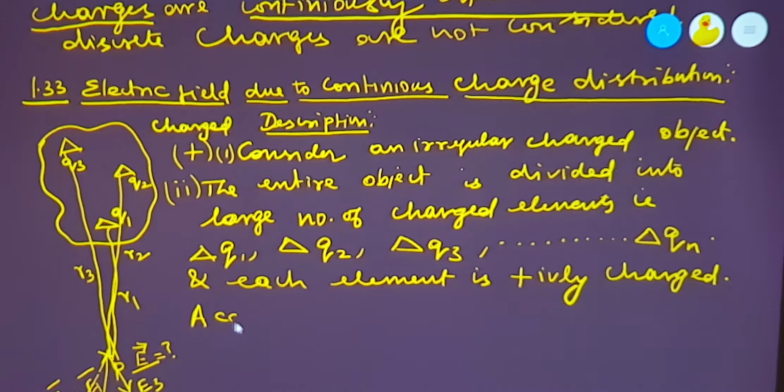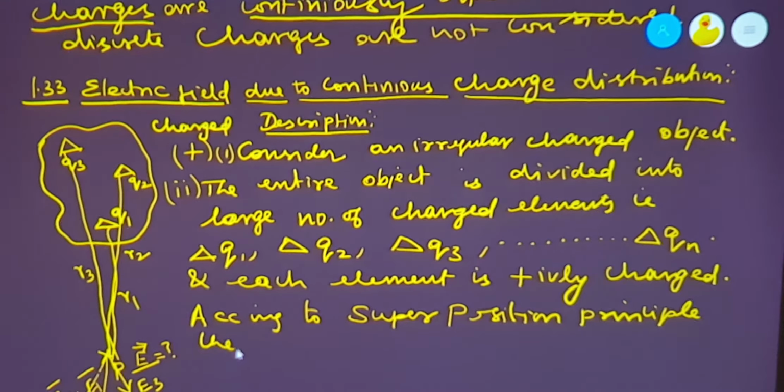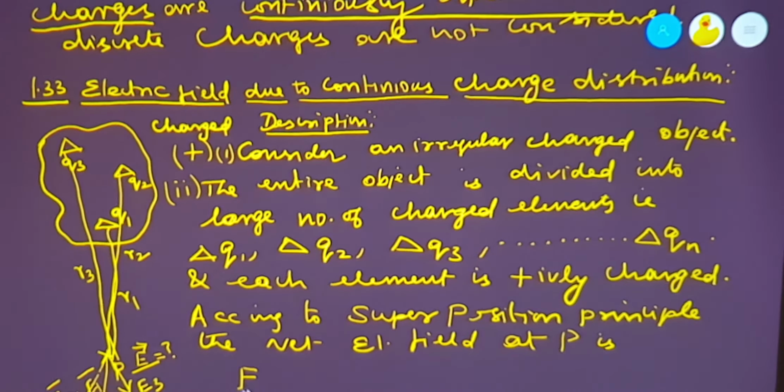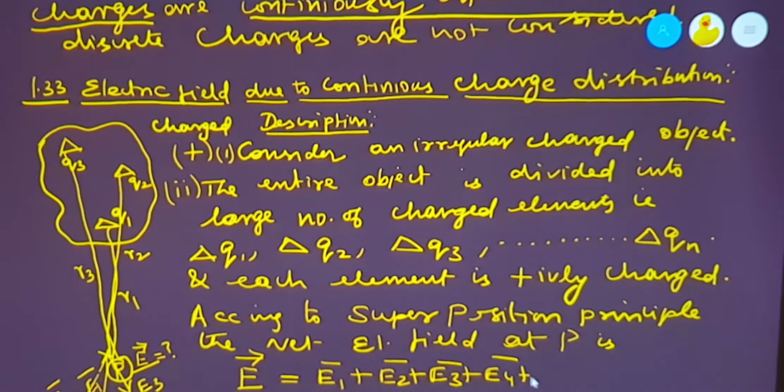So according to the superposition principle, the net electric field at P, this position at this point, due to all the continuously distributed charges, the net electrical field E vector is equal to E1 vector plus E2 vector plus E3 vector plus E4 vector plus etc., up to En vector.